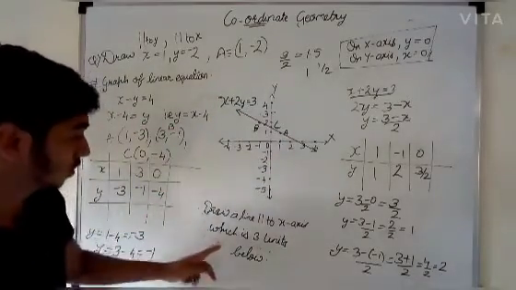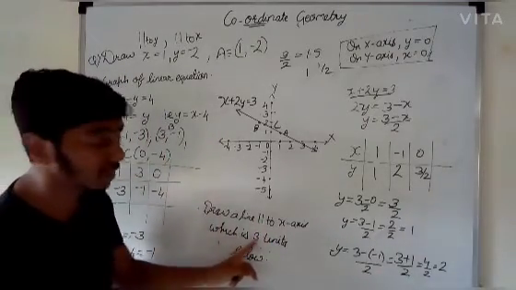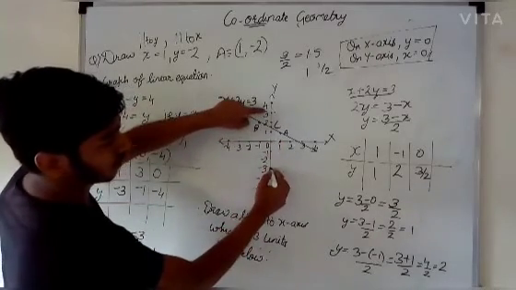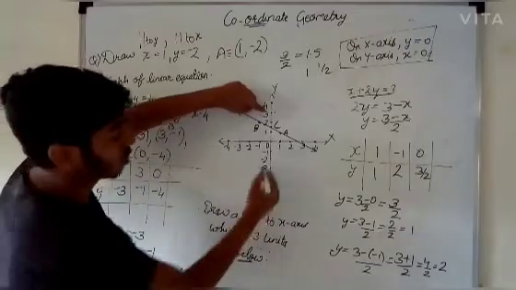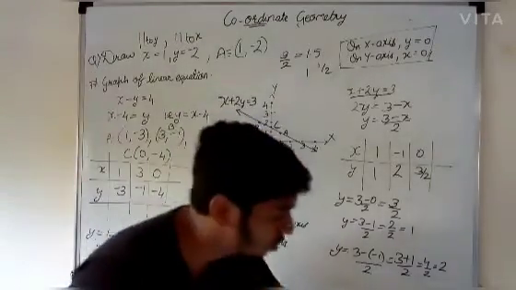Okay, so if you see, draw a line parallel to x-axis at 3 units. So if you see, 3 units is this and this, correct? These 2 points, but it is saying below, so it will be here. So the line will be like this. So we'll draw it.